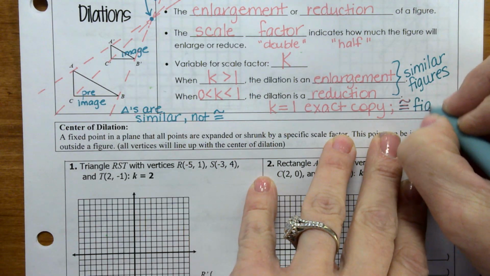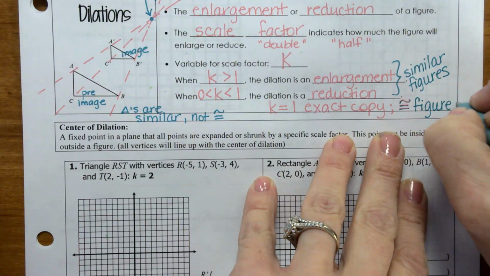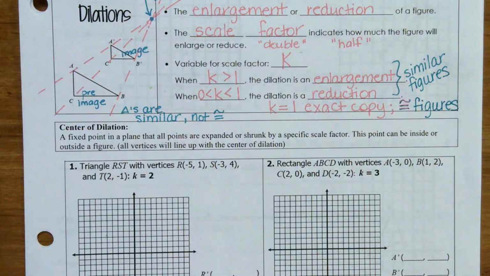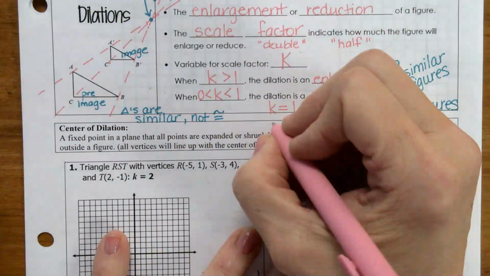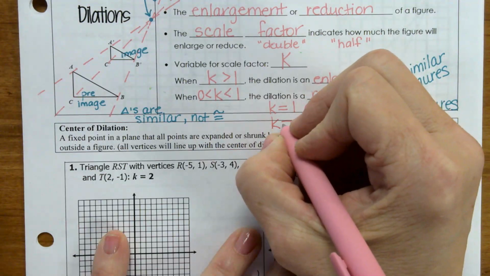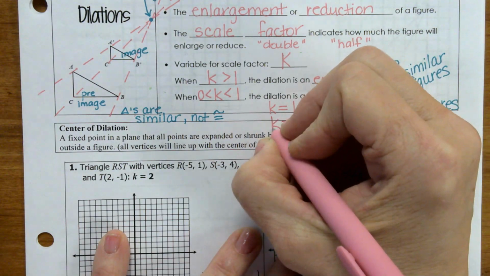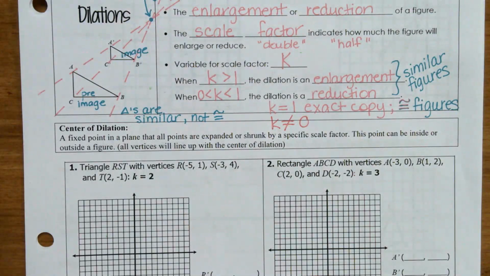And when K is 1, it is congruent figures. Can K ever be 0? Why can K not be 0? Think about it. If you multiply by 0, what do you get? 0.